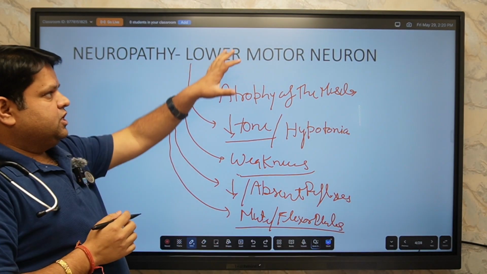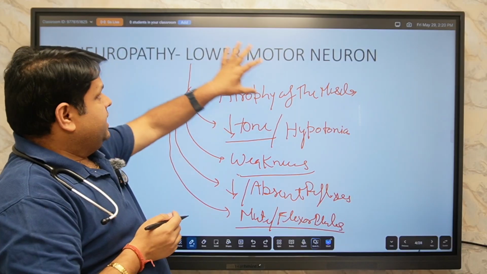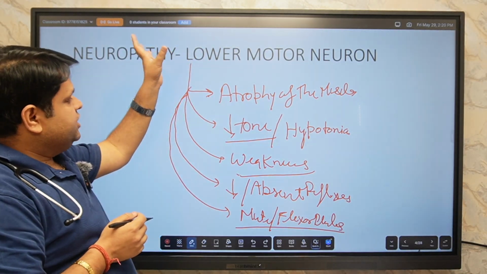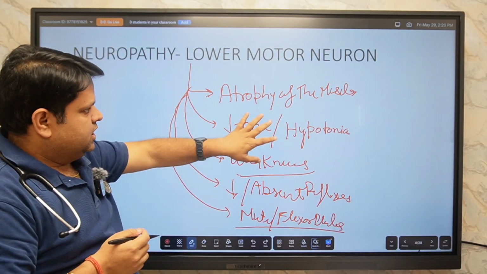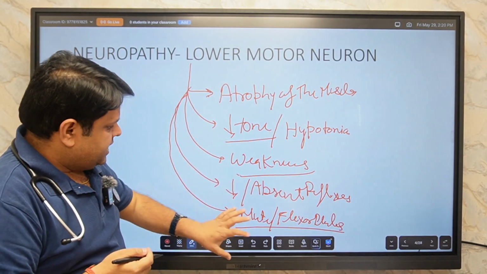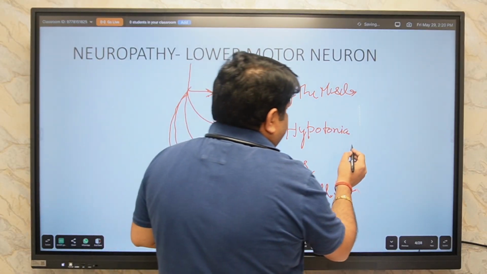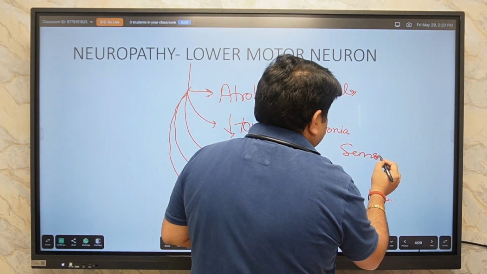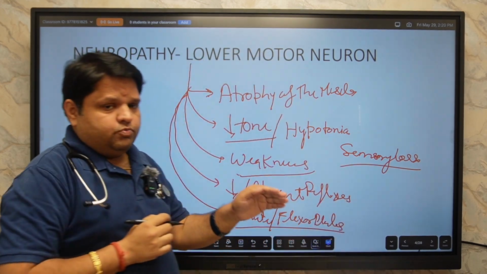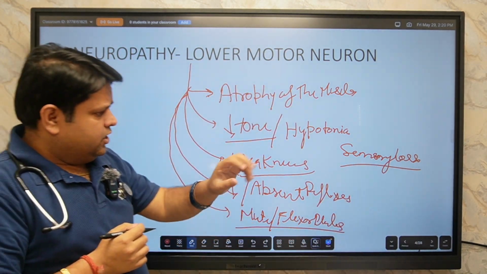So these are features of the lower motor neuron lesion, and these features are seen in the LMN type of weakness in neuropathy: atrophy of the muscles, decreased tone or hypotonia, weakness, decreased or absent reflexes and the mute plantar response, and there is a sensory loss. So these are the brief features of neuropathy.